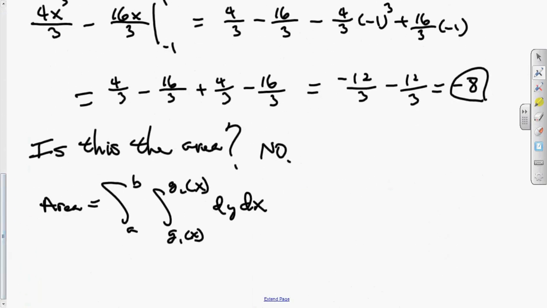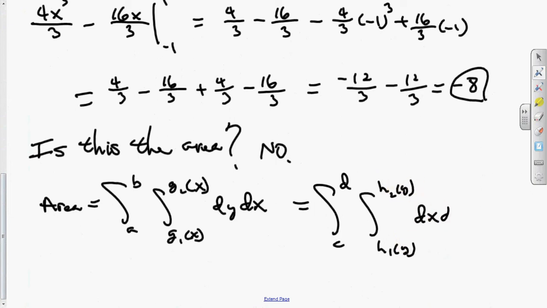Or it could be horizontally simple, c to d, h sub 1 of y to h sub 2 of y, dx dy. So here they say what it is.